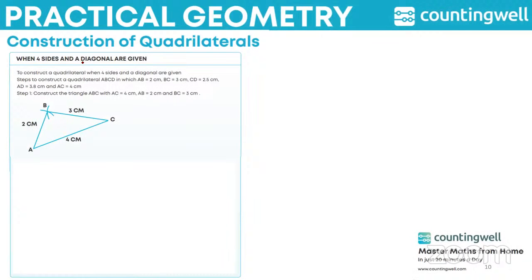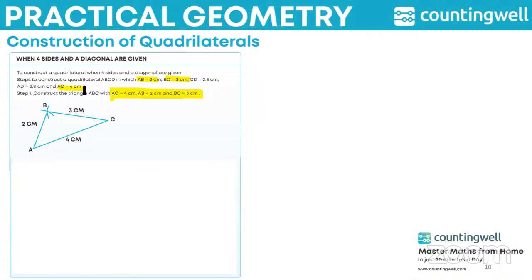Let us see how to construct a quadrilateral when four sides and a diagonal are given. To construct a quadrilateral when four sides and a diagonal are given, first of all you have to construct a triangle with three sides given. So here you will take AB equal to 2, BC equal to 3 and AC equal to 4.